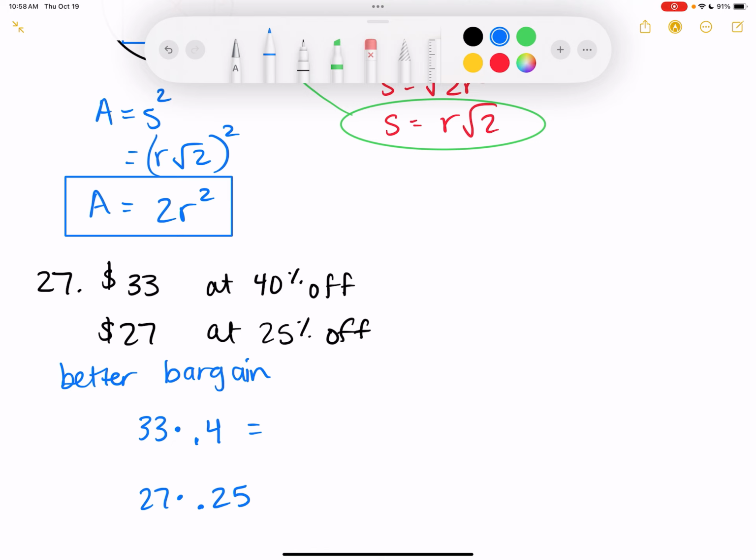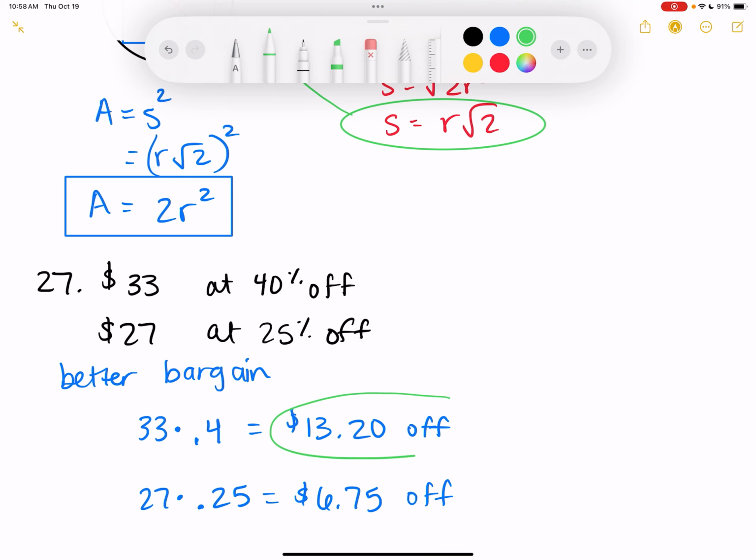So 33 times 0.4 is $13.20. And this is what's being taken off of the price. Then 27 times 0.25 is $6.75 off the price. So which one is the better bargain? The $33 one. So this one is the better bargain.